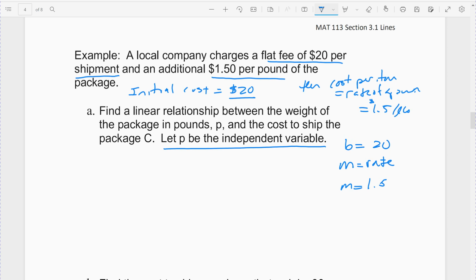So that's the rate. If we're finding the linear function in terms of pounds, the linear function would be cost equals slope times pounds, or in words, the rate times P plus my initial value. The rate is $1.50 times the pounds that we're going to send plus the initial value of $20.